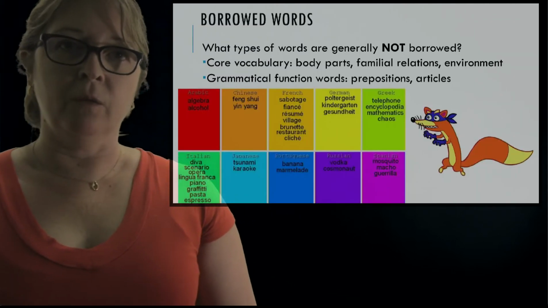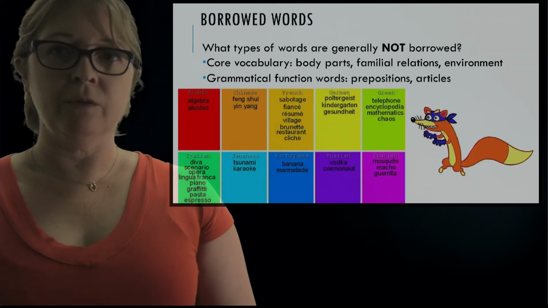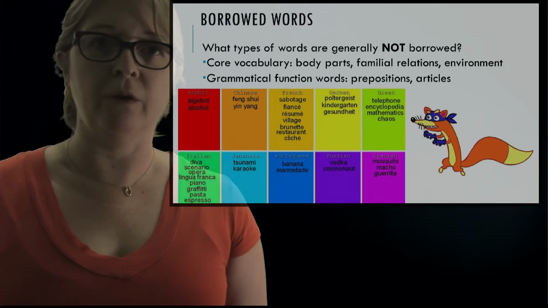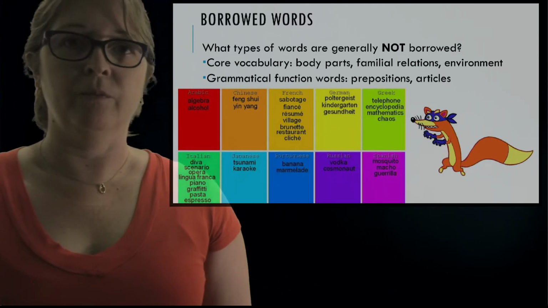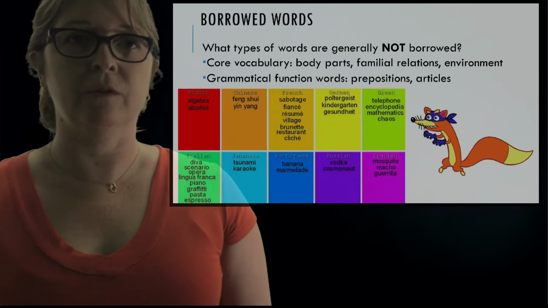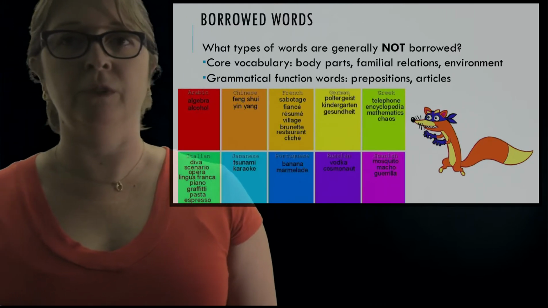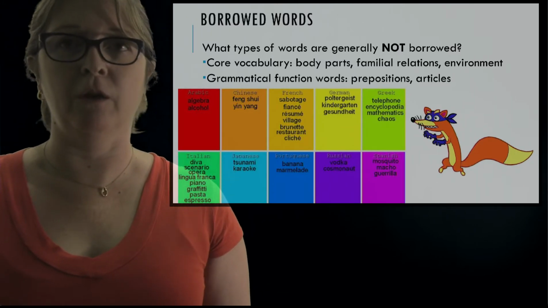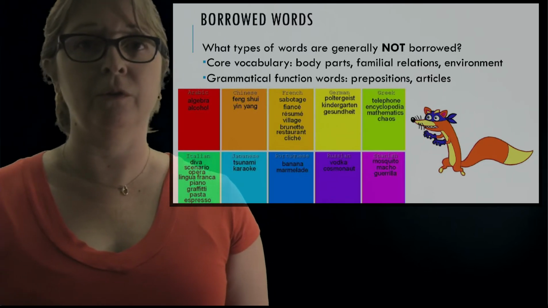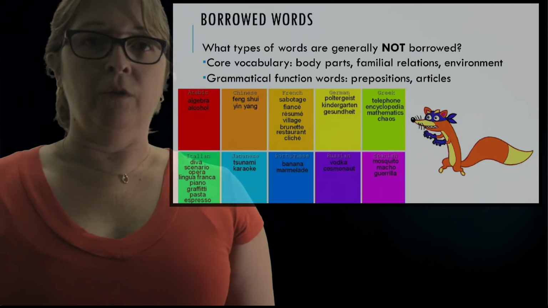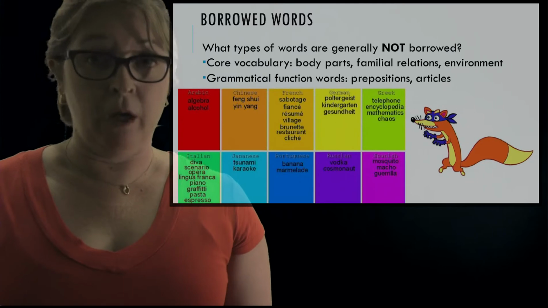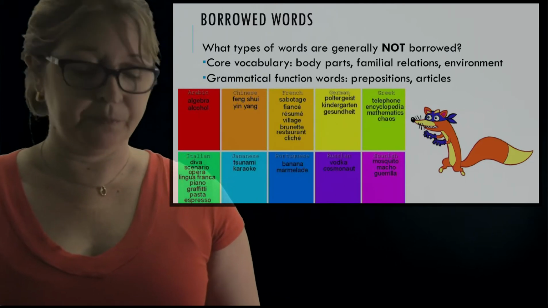Okay. Then we also talked about borrowed words, what kinds of words are generally borrowed. Body parts, familial relationships, and environment are not generally borrowed, and grammatical function words are not generally borrowed, yeah?